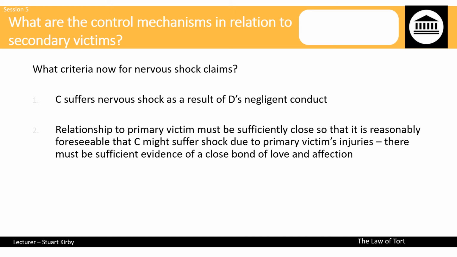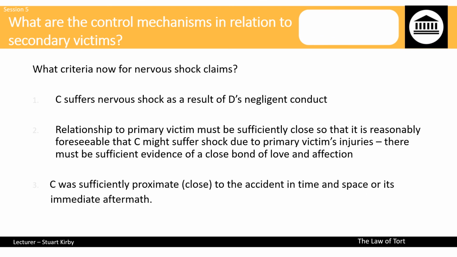So the relationship to a primary victim must be sufficiently close so that it is reasonably foreseeable that C might suffer shock due to the primary victim's injuries. You know, obviously parents, that falls under the control mechanism, so you can mention that when assessing whether Jenny has a claim or Jake has a claim.